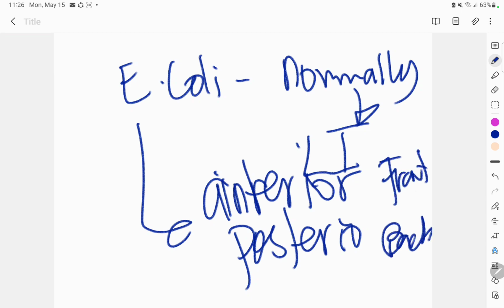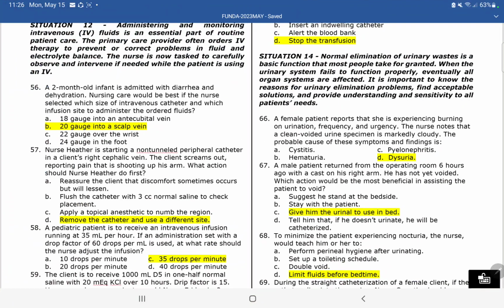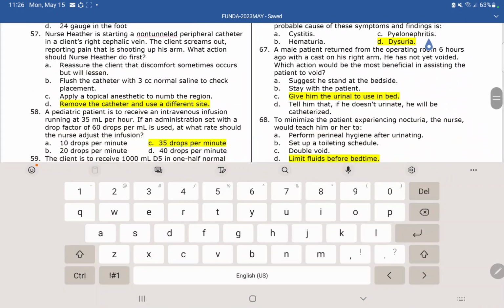Yan ang pag-wipe dapat, or up, down. That's the proper wiping. Next is your, when I say cystitis, that is a lower infection which is part of your bladder. Cyst means bladder. No? When you say the word cyst, that is a bladder. Pyelonephritis, this is a problem on your kidney. Okay, that is in the kidney itself.